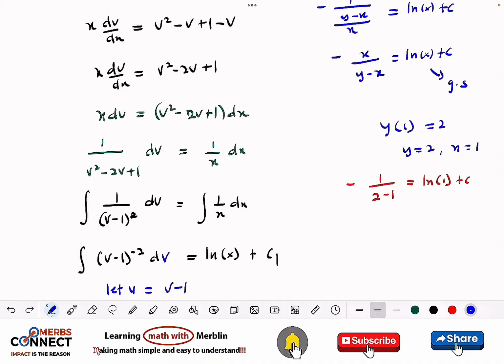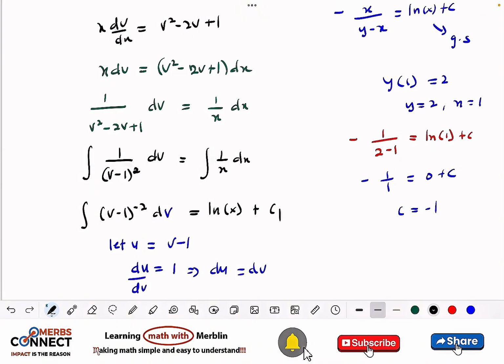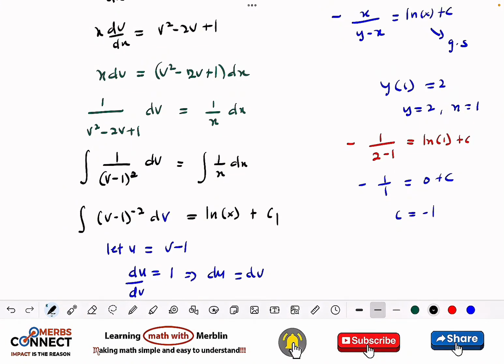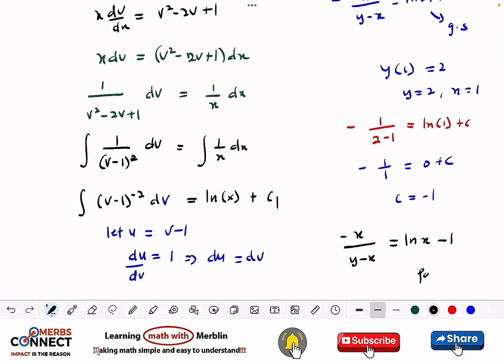What are we going to get? So minus 1 over 1 is equal to natural log of 1, which is 0, plus c, and c is equal to minus 1. So it means that we can now write the particular solution. So I'm going to have minus x divided by y minus x is equal to the natural log of x minus 1. And this is the particular solution.